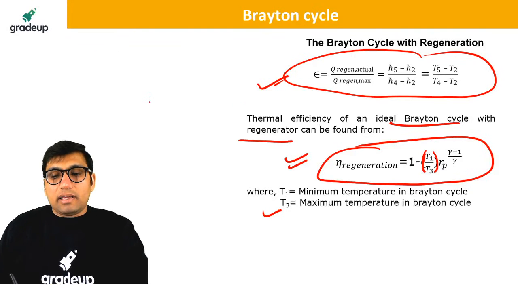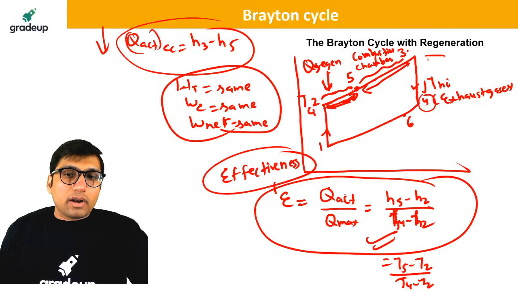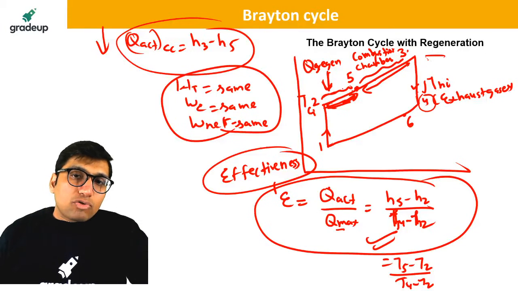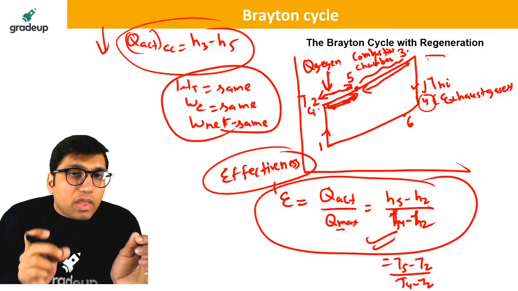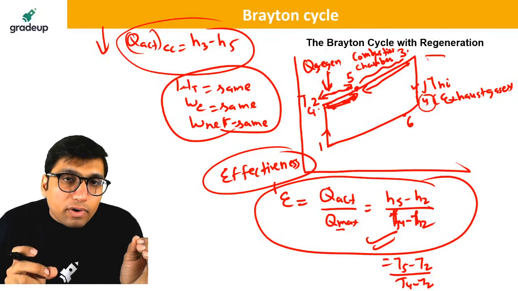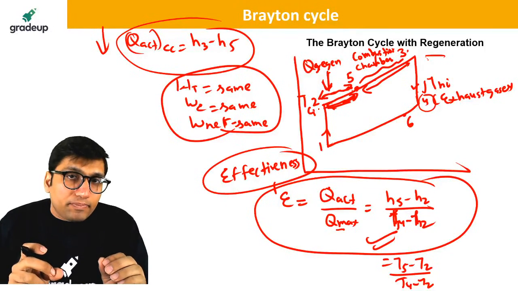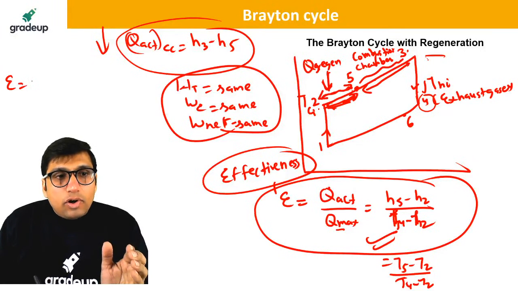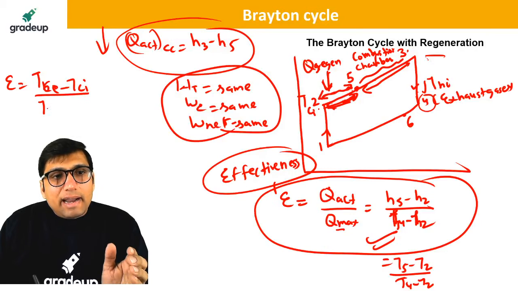I was telling you about the effectiveness. Basically, the effectiveness of any heat exchanger is equal to actual heat transfer divided by maximum heat transfer. What is the actual heat transfer in the regenerator? Actual heat transfer in the regenerator is this much. What is the maximum possible heat transfer? If you have studied the topic of effectiveness of heat exchangers, effectiveness is equal to the temperature of the cold fluid exit minus the temperature of the cold fluid inlet, divided by the temperature of the hot fluid inlet minus the temperature of the cold fluid inlet.